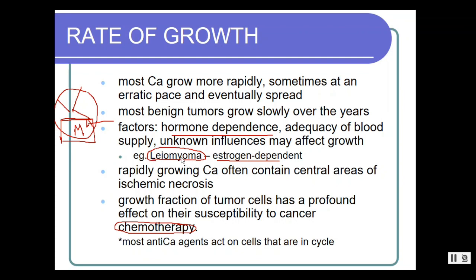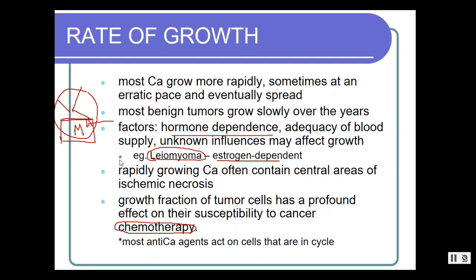It causes myoma of the uterus. This is a tumor of the uterus, no? It is estrogen dependent. If there is a lot of estrogen, the growth of the tumor is faster. Same thing in the breast. Breast cancer is affected by estrogen.